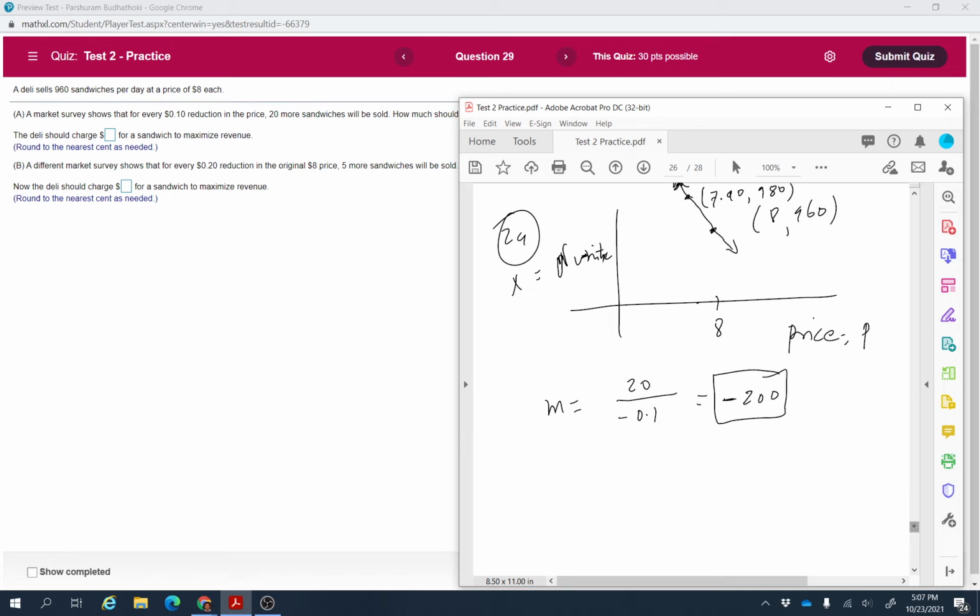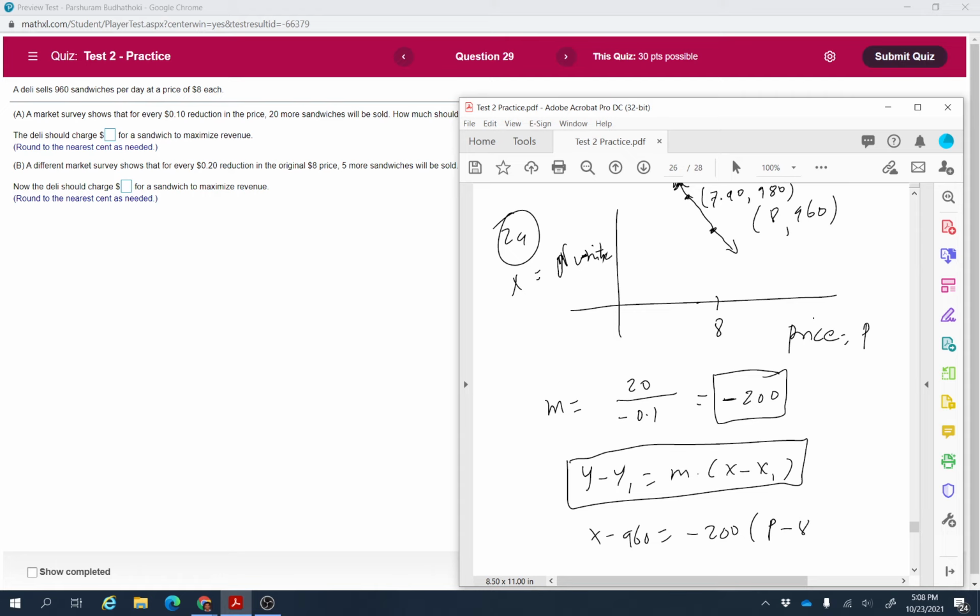That's the slope. Now to find the relation between x and p, use the formula y minus y1 equals m times x minus x1, but make sure that y here is x and x here is p. So y is x, y1 is one of the numbers, let's pick 960, the slope is negative 200, x is p, and x1 is 8.